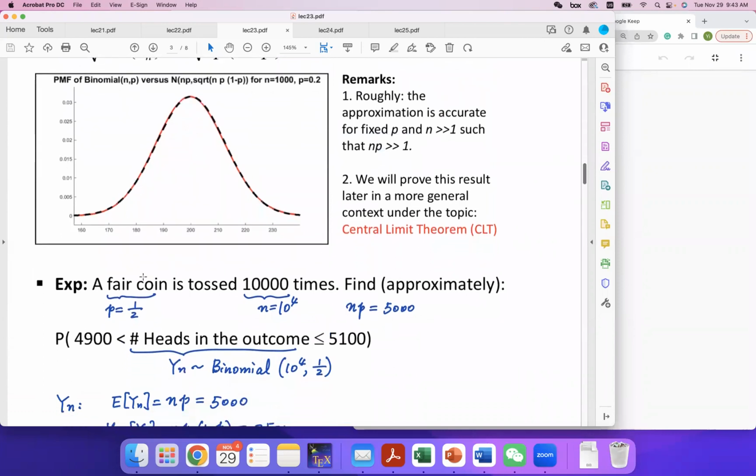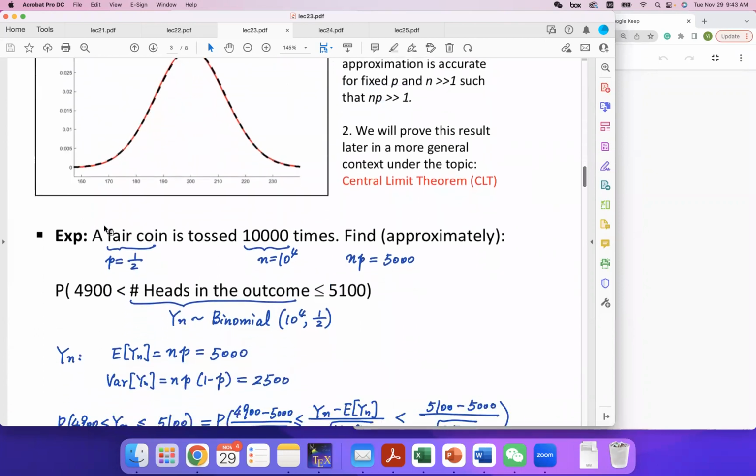So let's look at one particular example. Let's flip a fair coin 10,000 times. Now, since it is a fair coin, for each toss, we will observe a head and a tail equally likely. So the success rate is 1/2. And we perform this experiment 10,000 times. Then we are interested in the total number of heads observed within these 10,000 trials.